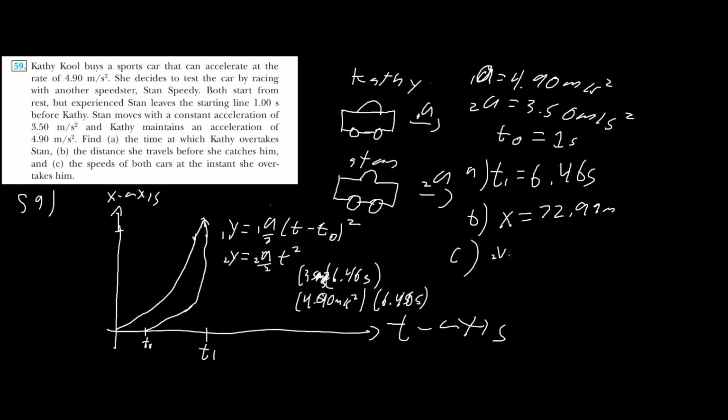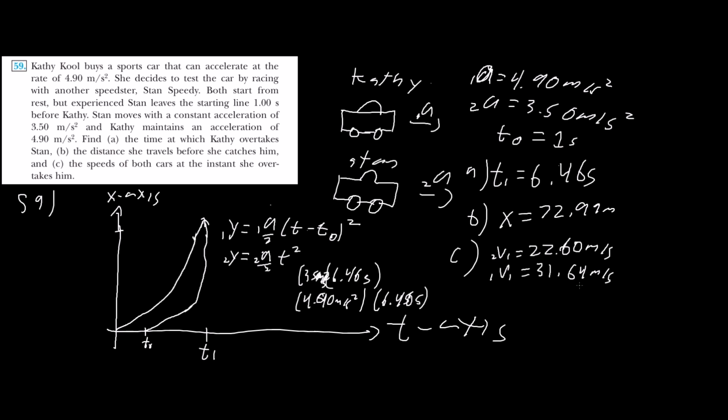The final velocity for Stan is going to be 22.60 meters per second. The final velocity for Kathy is going to be 31.64 meters per second.